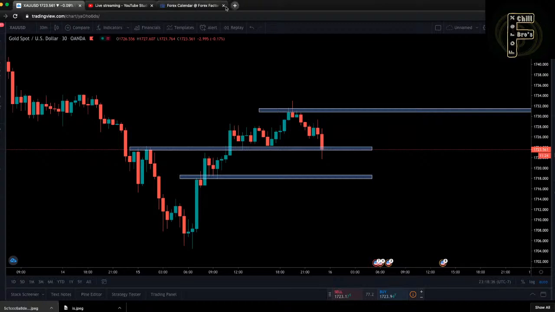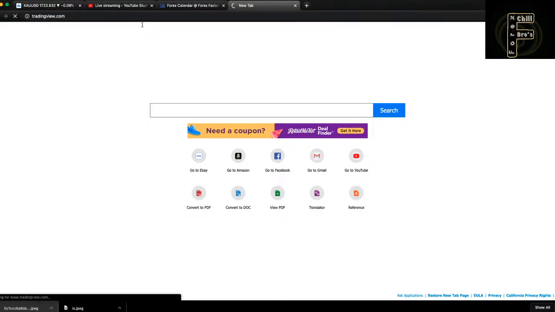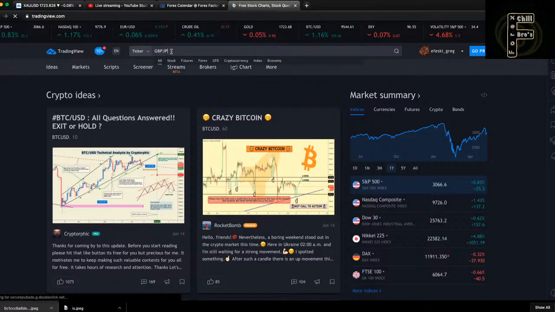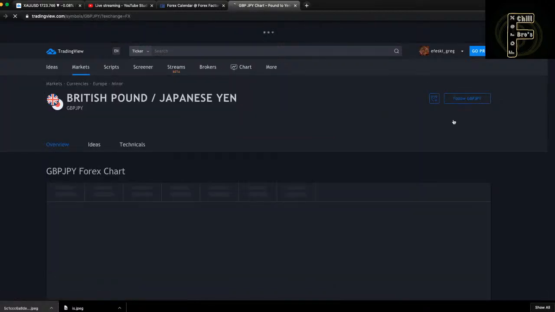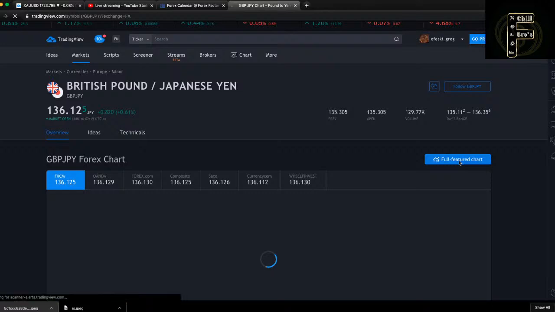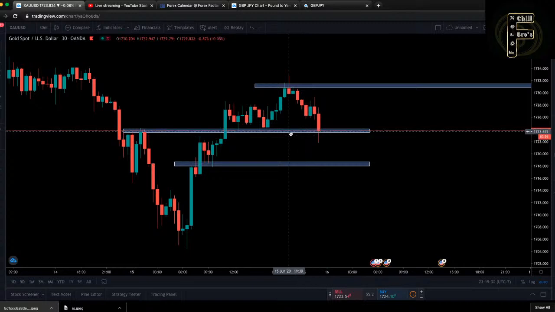Let's go back to GJ. If I was going to take a gold trade, you advise to take a trade below the support that was here.